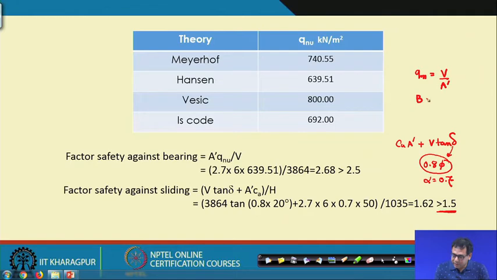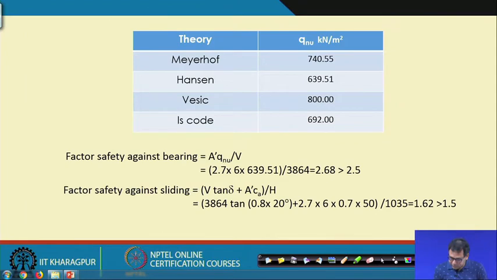When you calculate the settlement, in your settlement calculation you consider B equal to B dash, and the net stress acting on the base will be the vertical component of your load divided by the net area. So, that will be the net stress acting at the base, and instead of B you consider B dash. The rest of the calculations are the same as I discussed for other problems for settlement calculation, whether it is in sand or in clay.